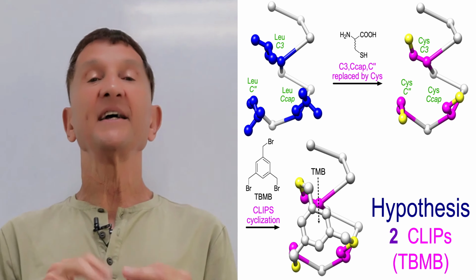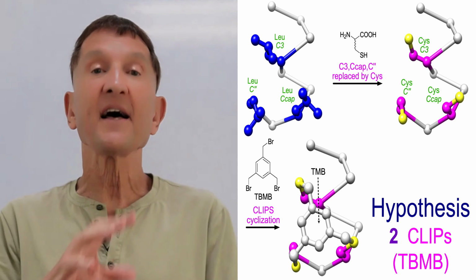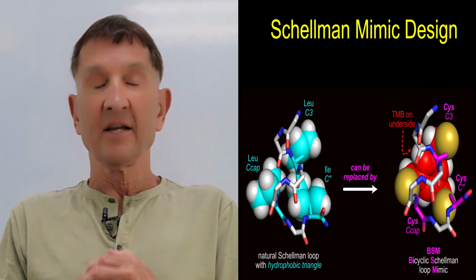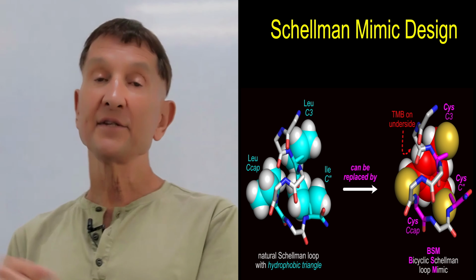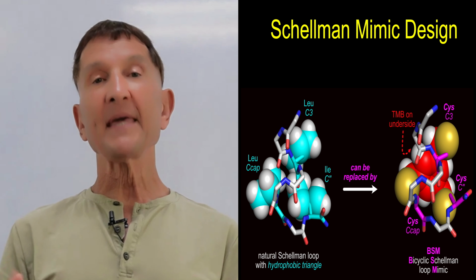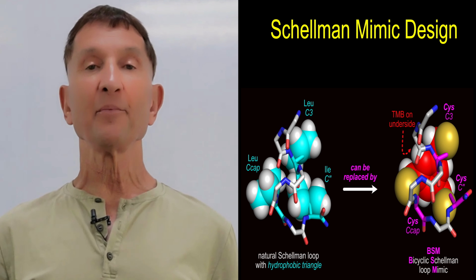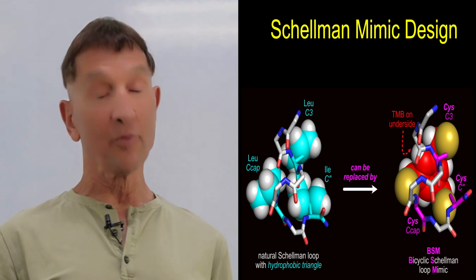But the peptide then would be constrained in a rigid bicyclic mimic. We modeled this and it looked very good. Here's a space-filling model showing the three leucine residues and the replacement by that benzene ring. So we tried that and we called those mimics BSM, where the B stands for bicyclic, and the S stands for Schellman, and the M stands for motifs.